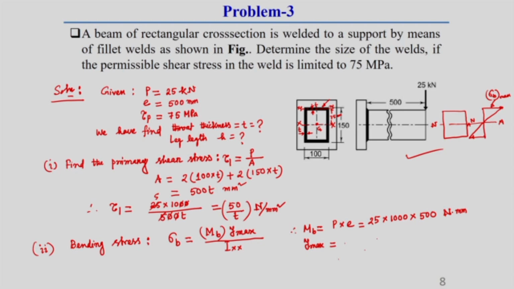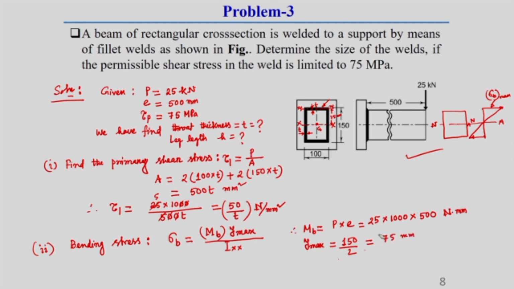Keep this in mind. We have to consider the weld which is at the farthest position from the neutral axis, the capital XX axis. So y max equals 150 divided by 2, that is 75 millimeter.